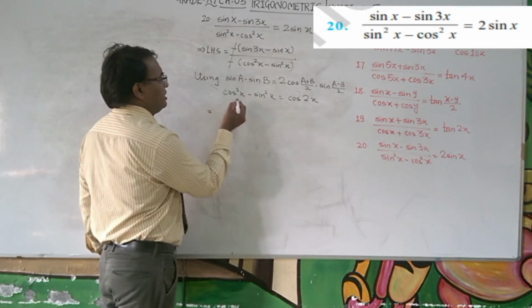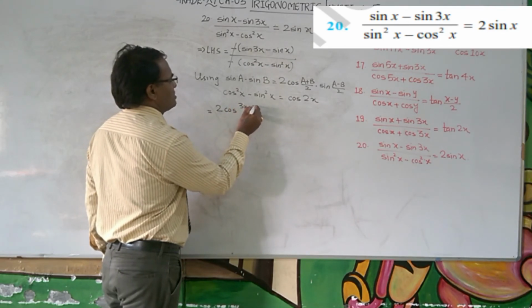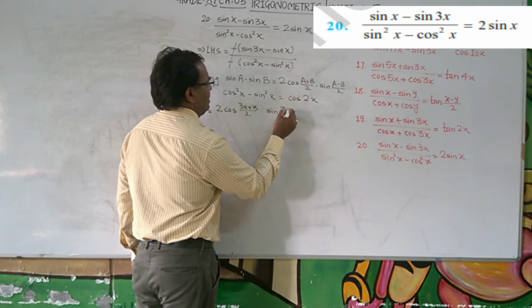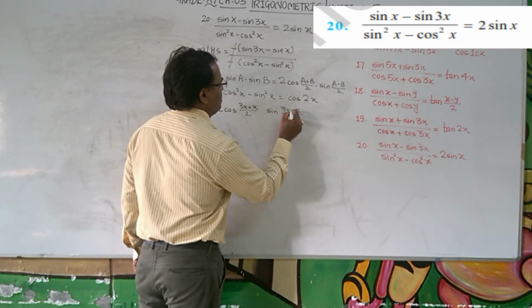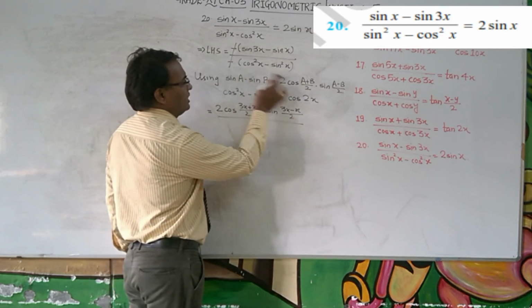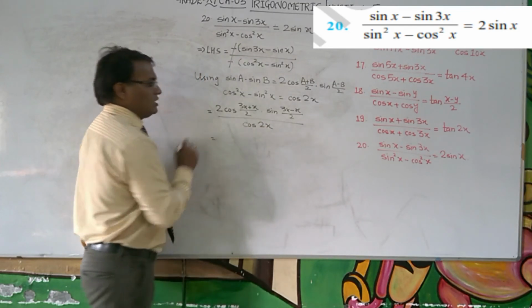So just now replace the value and find the answer. It will become 2 cos((3x plus x) upon 2) into sin((3x minus x) upon 2), total divided by cos square x minus sin square x, which is nothing but cos 2x. Is that okay?